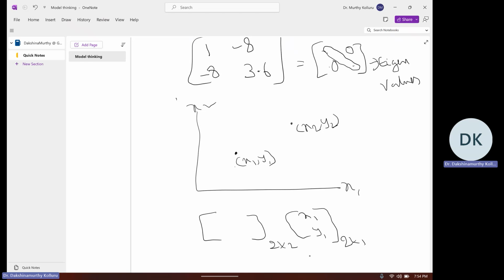When I multiply a 2 by 2 with a 2 by 1, I will get another 2 by 1. Let's say I got x2, y2. Whatever these values, let's say those 2 points are this. One way to understand this is a transformation matrix that transformed this point to this point.